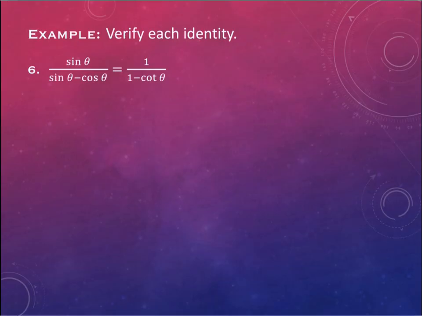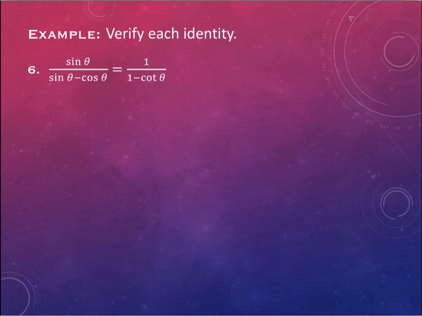If we're working on the right-hand side, what could we do? We can't get cosecant squared because we don't have 1 minus cotangent squared, or 1 plus. So we can manipulate the cotangent into something different. We could turn it into tangent, but considering where we're wanting to end up, that might not be the change that we want to make.